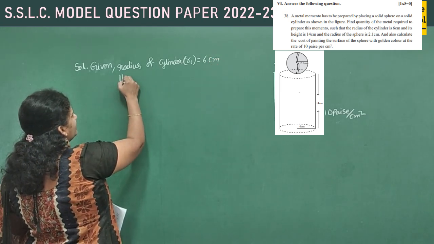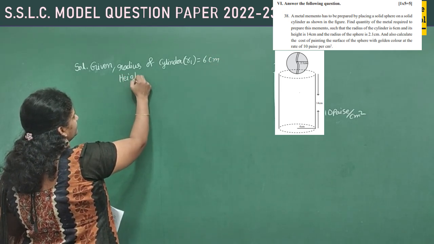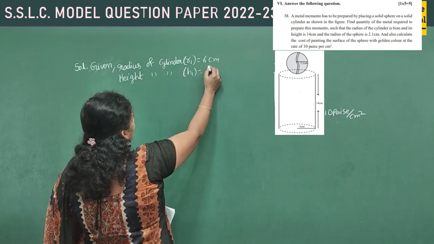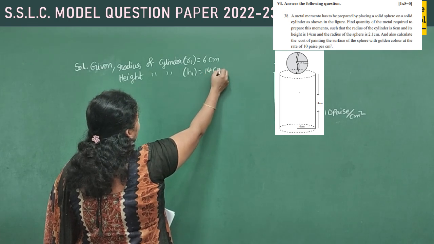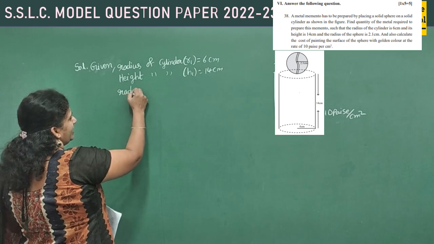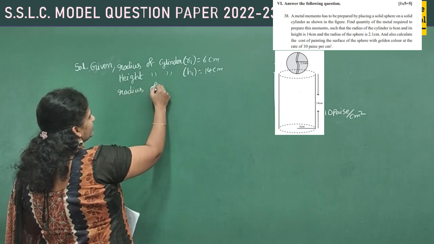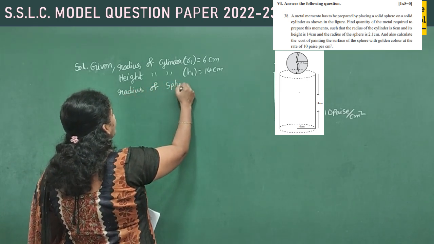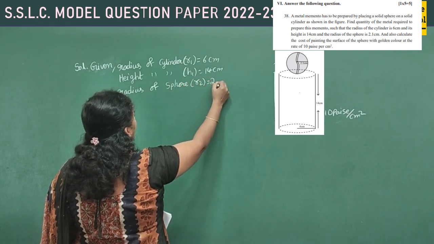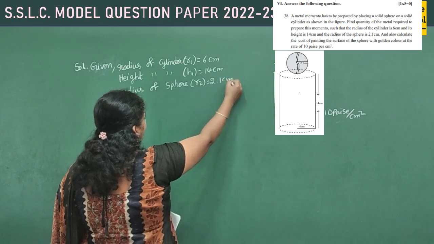And next, height of the cylinder, H1 is equal to 14 centimeter. And next, radius of the sphere, let me write R2 is equal to 2.1 centimeter.